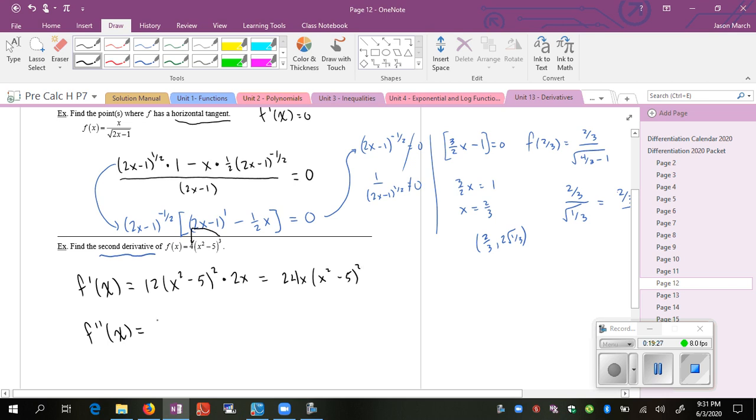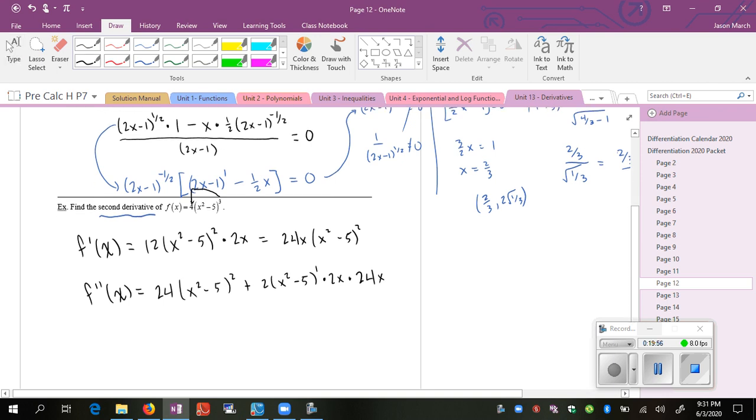So now when I do the product rule, we get derivative of the first times second plus first times derivative of the second. So now it's 2 parentheses to the first times 2x times derivative, just the first term, which is 24x.